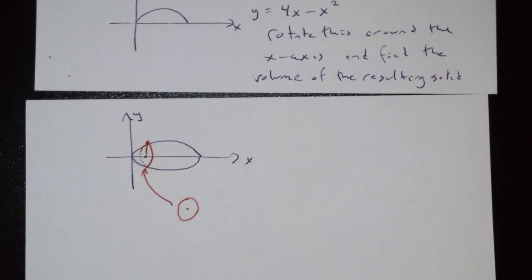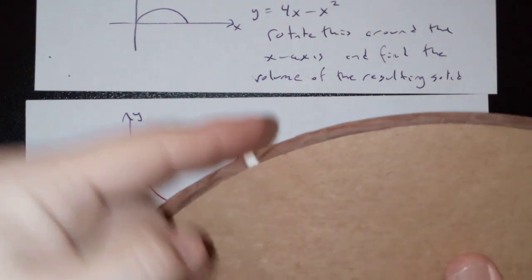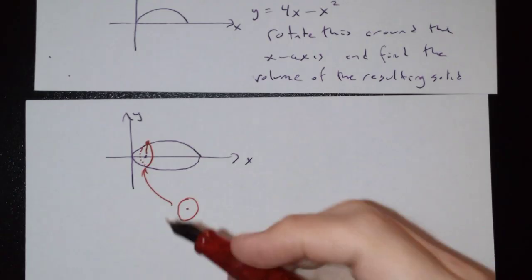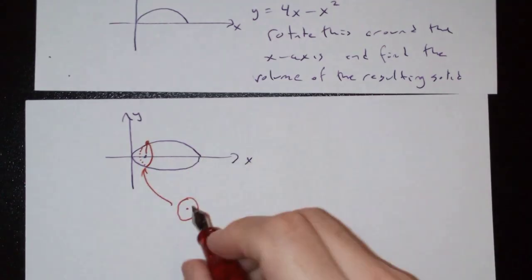That little stick came from a point on my curve, right? That's this spot getting spun around. All the way around to the bottom and then back up. That's a spot on the curve that makes this dot right here up here.